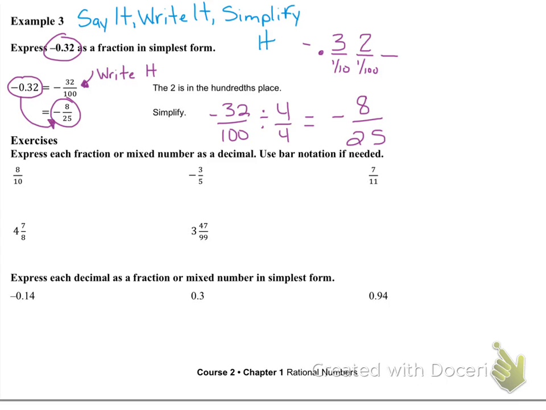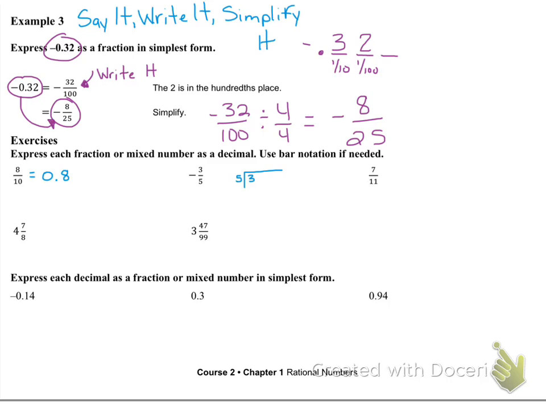Okay, we're going to write each fraction as a decimal. 8 tenths. Well, if you want to do 8 divided by 10, you can, but think about decimal places. That is the tenths place right there after the decimal. So 8 tenths just looks like that. Okay, negative 3/5. So let's do 3 divided by 5.